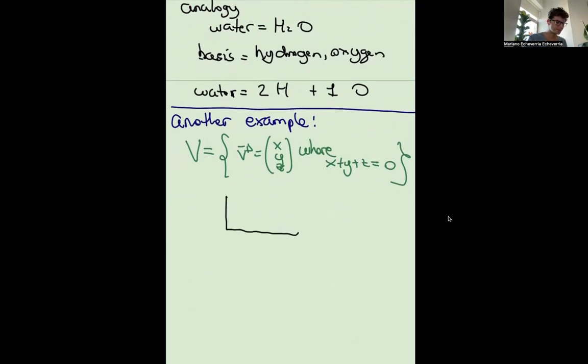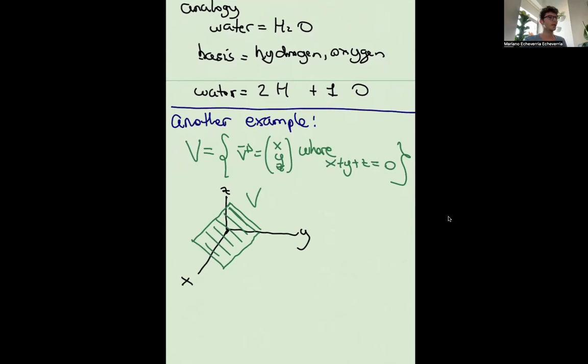Not sure if anyone remembers what this looks like, but this was a plane in 3 dimensions. You're not looking at all vectors with 3 entries. You're just looking at those vectors with 3 entries where the sum of the individual components adds up to 0.